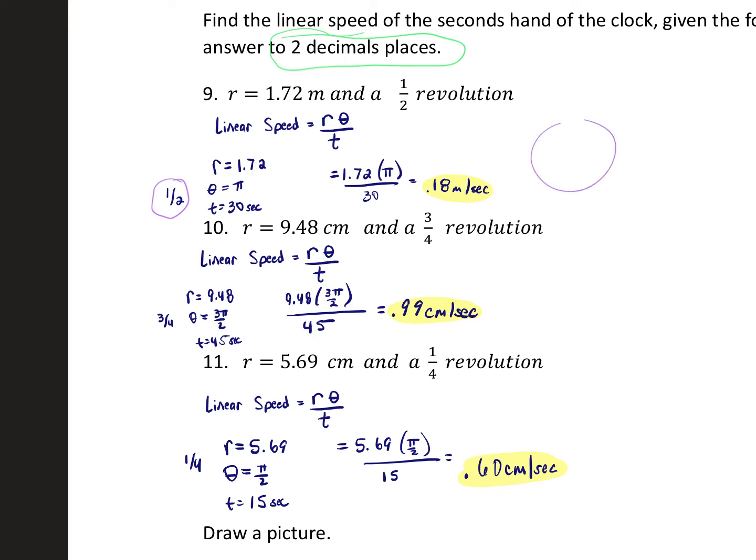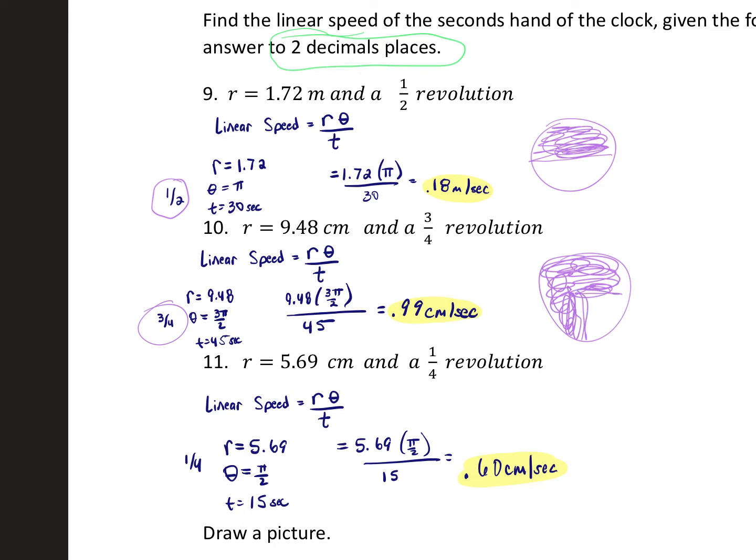So if you look here, this first one says a half rotation. That means on your clock, you went half of a circle. Half of a circle, that's our pi, that's your theta is pi. And how much time has elapsed? 30 seconds. This is a 3/4 rotation. So you went 3/4 of a circle. Pretend that's drawn to scale.